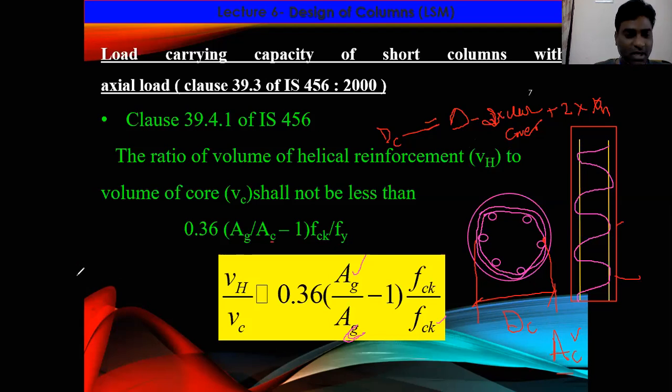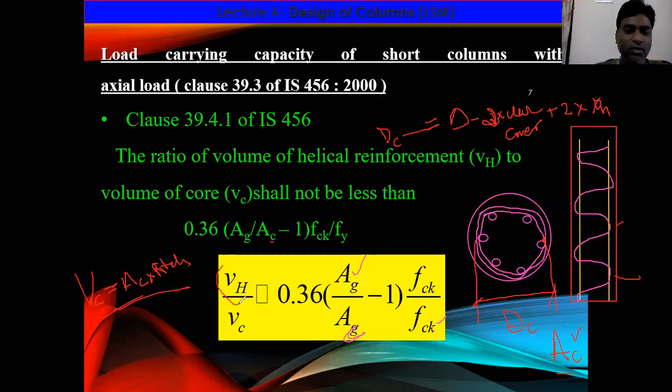Therefore, V of C, the volume of core, is equal to A of C into pitch distance. Clear? So this is called the volume of core.